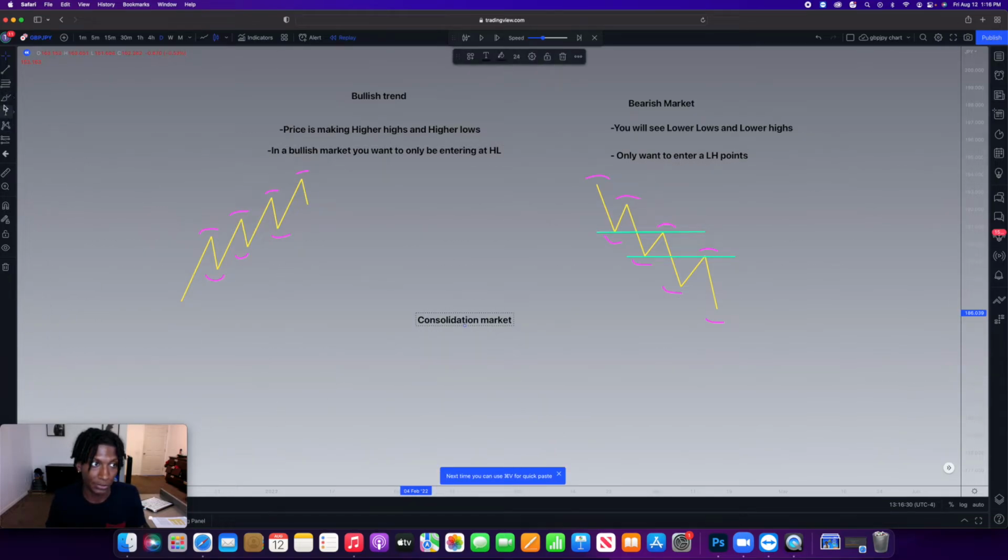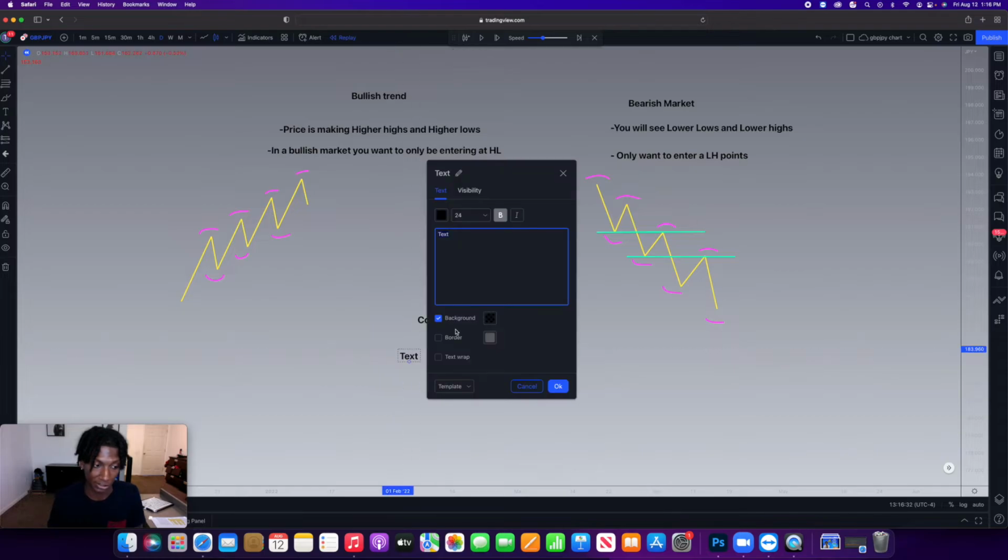And this is just when price is being pulled and dragged upon by buyers and sellers, and no one is willing to give any type of let go on price.